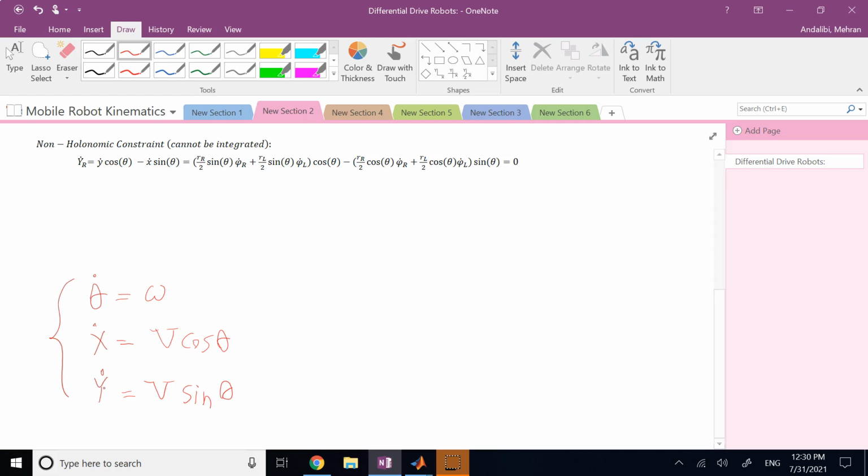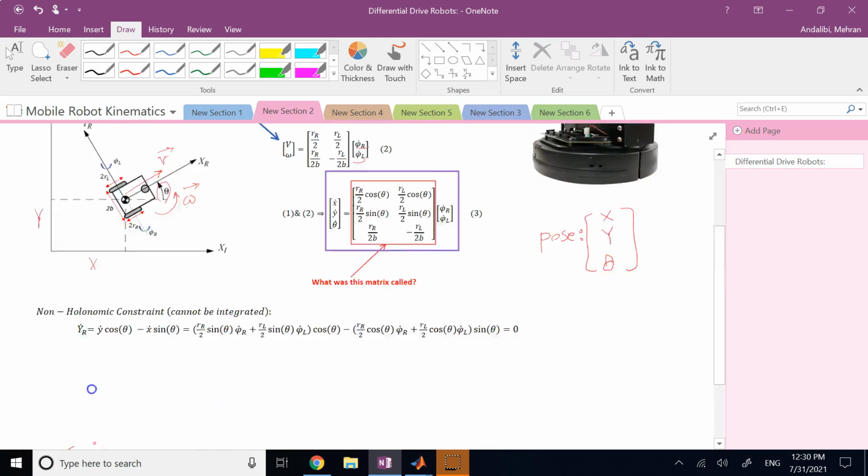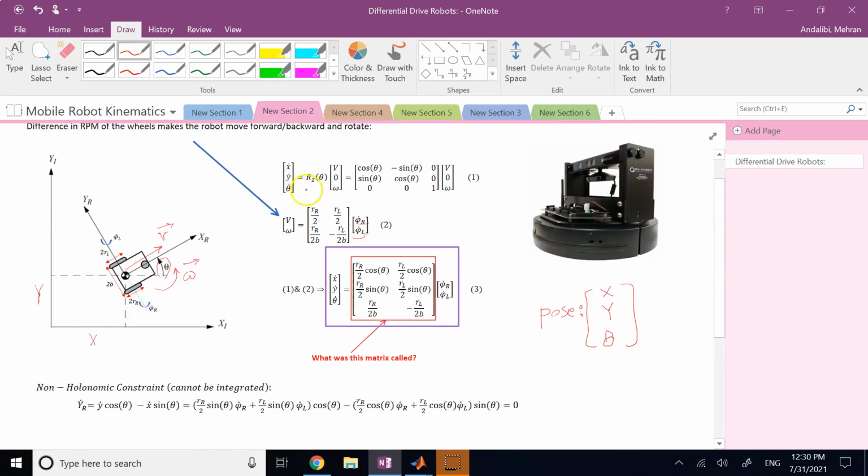What I can do is write this relation in matrix format, as you can see up here. I multiply the vector of v, 0, and omega by this matrix, and it should give me x dot, y dot, and theta dot.